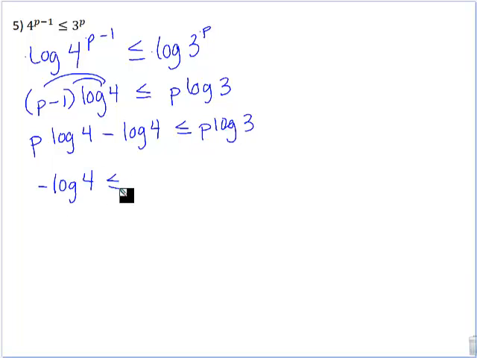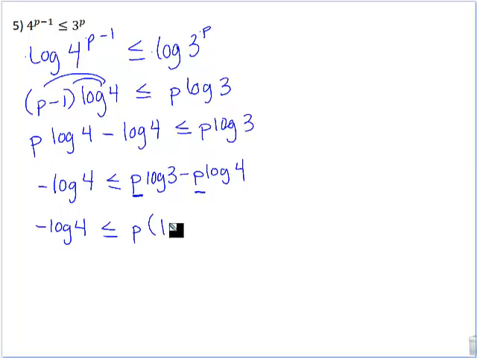So we will be left with a negative log of 4 is less than or equal to p log of 3 minus p log of 4. We need the p alone, so we can take the greatest common factor of the p out. So we are left with negative log of 4 is less than or equal to p times the log of 3 minus the log of 4. Now to get the p alone, we can divide by the log of 3 minus the log of 4.